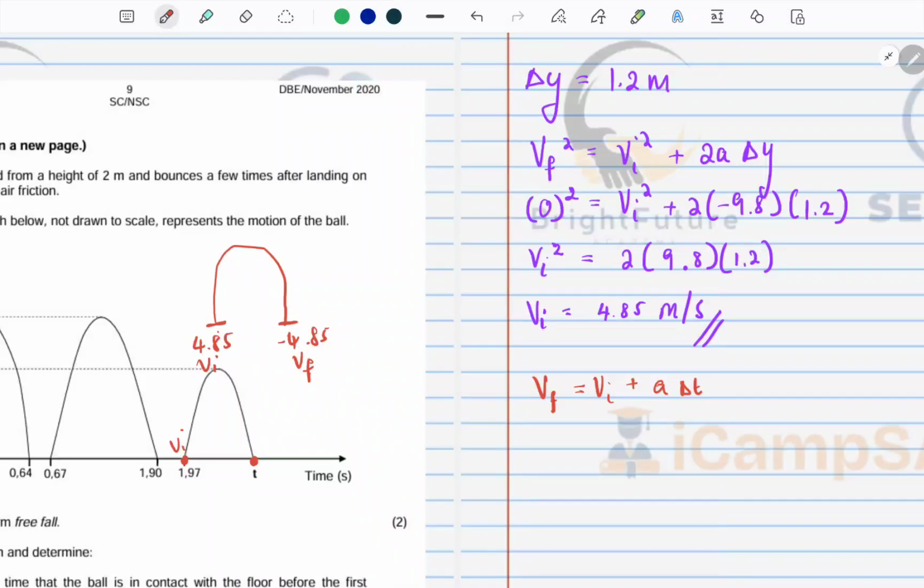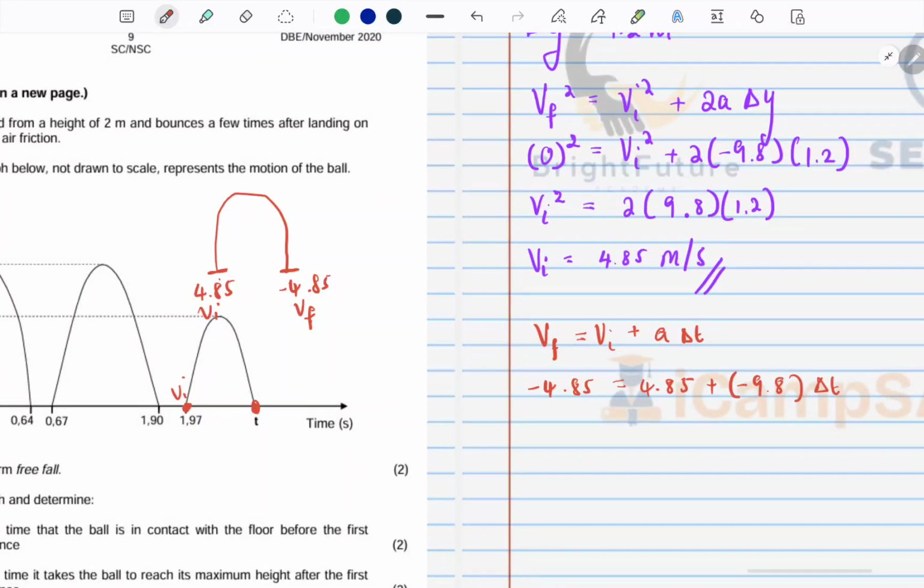So you can say minus 4.85 equals 4.85 plus minus 9.8 delta t. Now we're going to get the time it took to make this movement from here to here. That's the time we're going to get. And then from that time, we're going to come back and add it here.